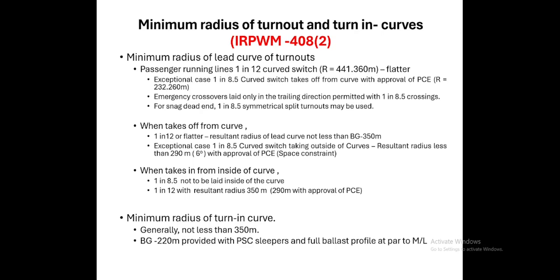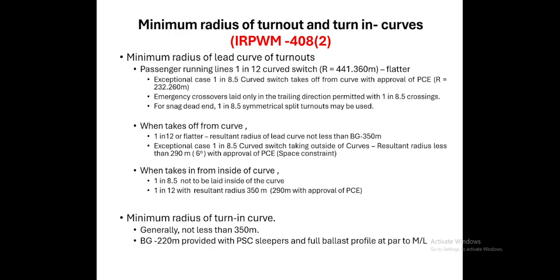And emergency crossovers normally come into play in case of multiple lines, double lines and so on, where we provide 1 in 8.5. When we are providing 1 in 8.5 points and crossings on these running lines, we must ensure that they are only in the trailing direction, not in the facing direction.